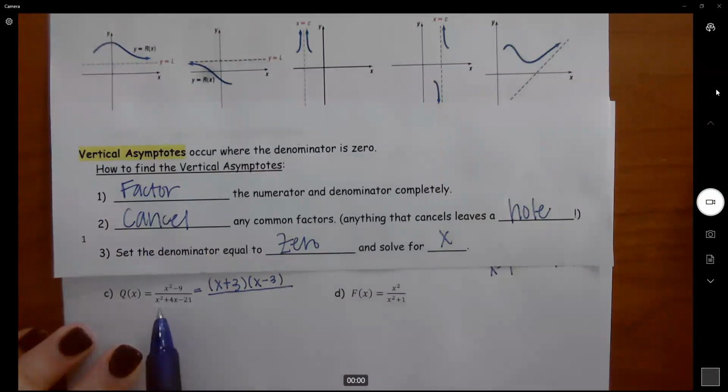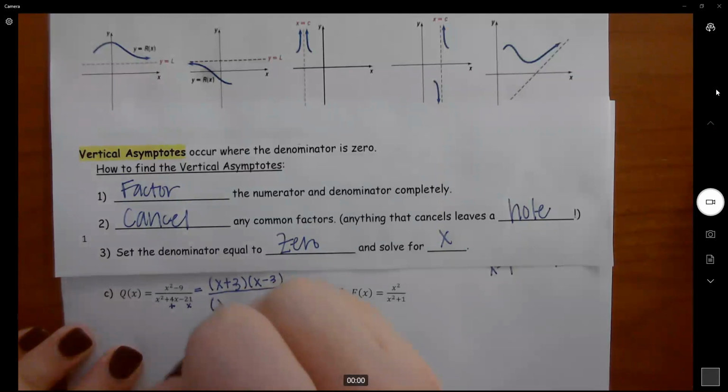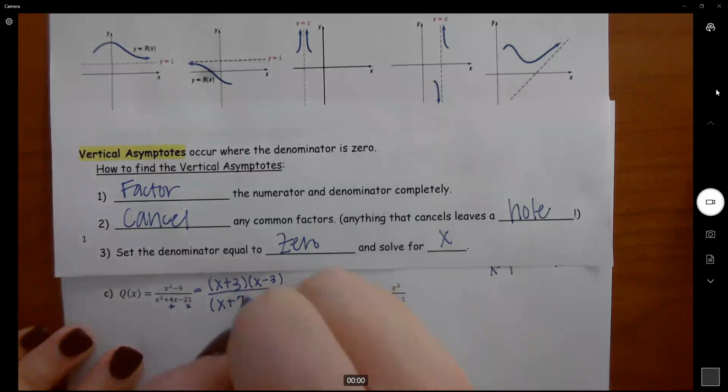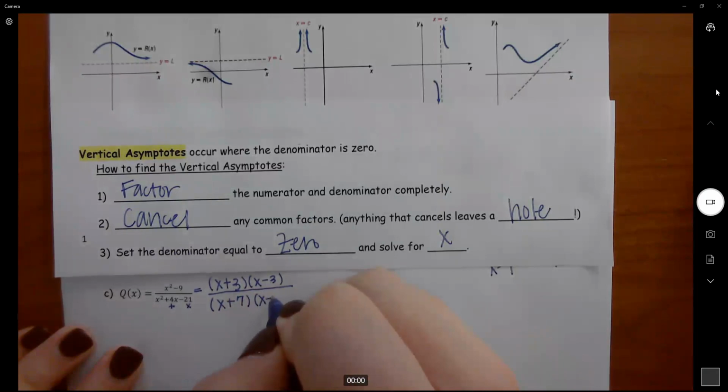Here we have a trinomial, but at least it's easy because my a is 1. So what multiplies to negative 21 but adds up to 4? Hopefully you thought of x plus 7 and x minus 3.